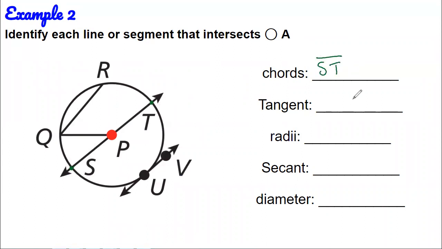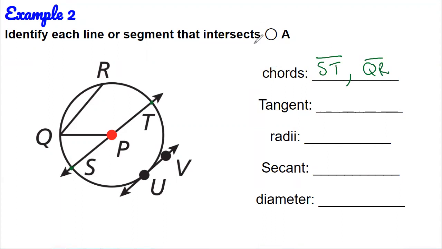So ST, and it's a segment ST. All right, I'm gonna let you pass it on, Haley. Eric, let's see, do I have another chord here? I have one more. QR in this case, but it has to be segment or line? Segment, so segment QR. Perfect. All right, pass it on, Eric.